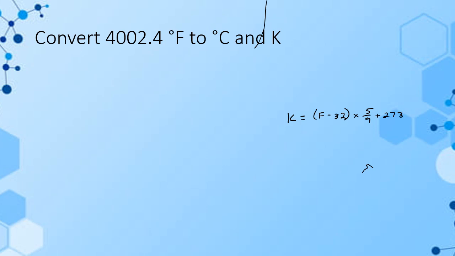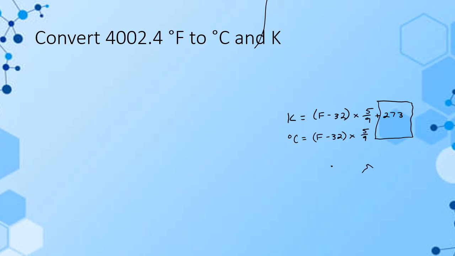We'll also remember that to convert from Fahrenheit to degrees Celsius, the formula we will use is the temperature in Fahrenheit minus 32 times 5/9. And we probably can notice that there is not much difference in these two formulas other than the plus 273 here in this spot. So if we figure out the Celsius first and then add 273 to it, we can sort of figure them both out in a series of steps.